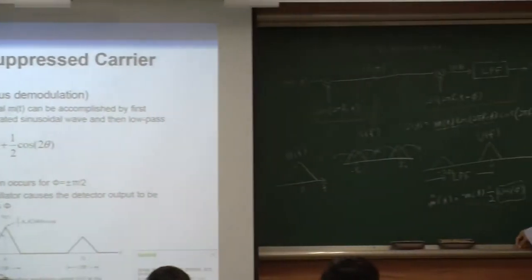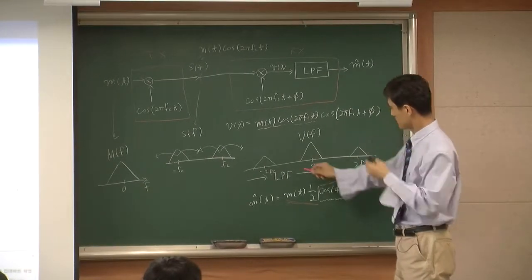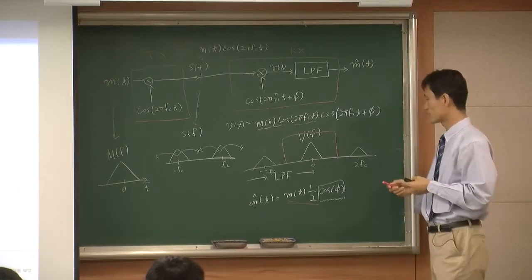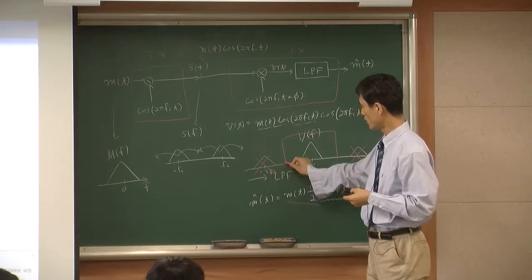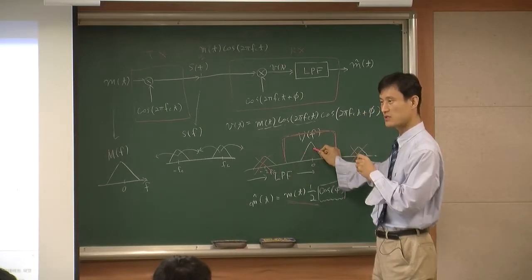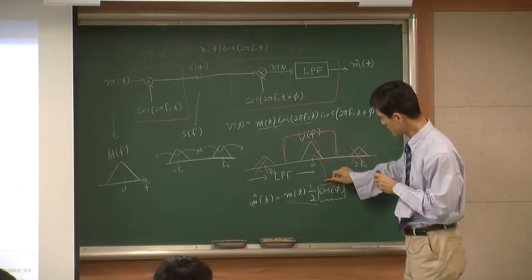This is why we need to have a low-pass filter, right? We need this kind of low-pass filter such that we block these things, and only make this guy pass, because this is what we want.